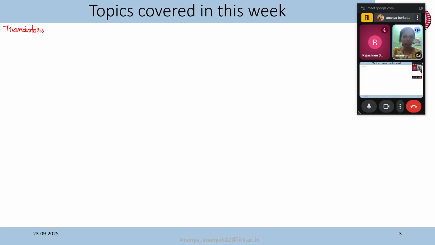Semiconductors are useful in that way, and using semiconductors, people have developed transistors which can act as a switch, whether we want the device to be on or off, or we can amplify the current or voltage, with control over how much amplification we want. There are two types of transistors, BJT and field effect transistors. There are different types of field effect transistors. We will only discuss MOSFET in this course.